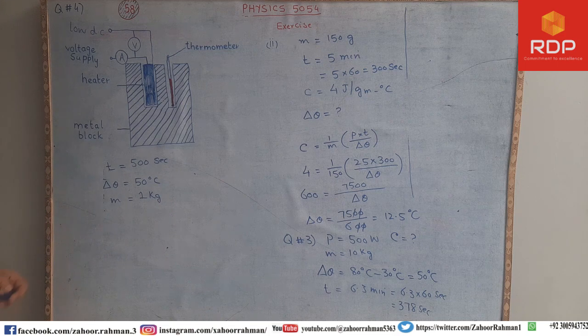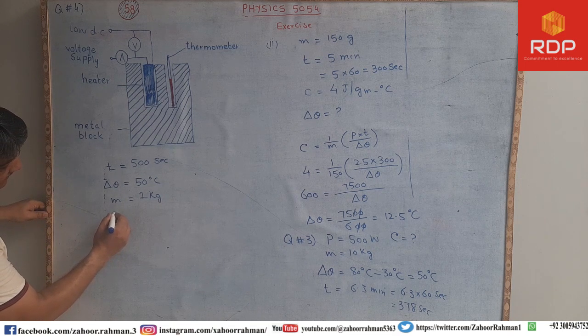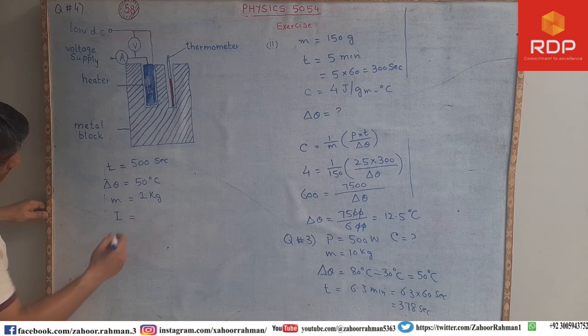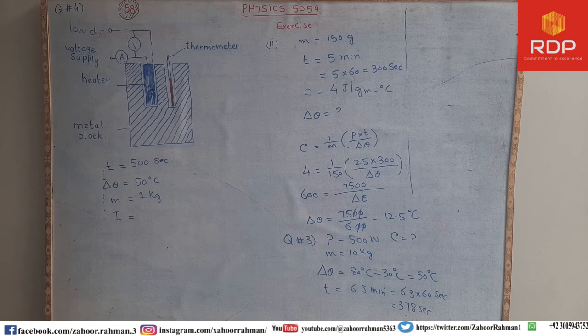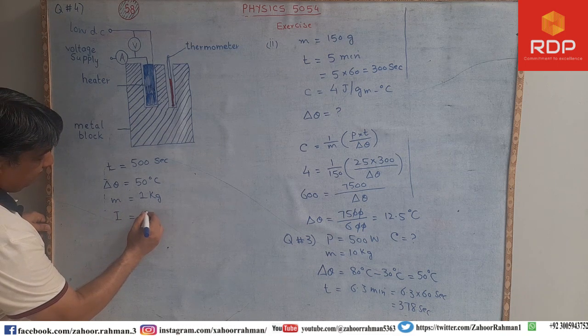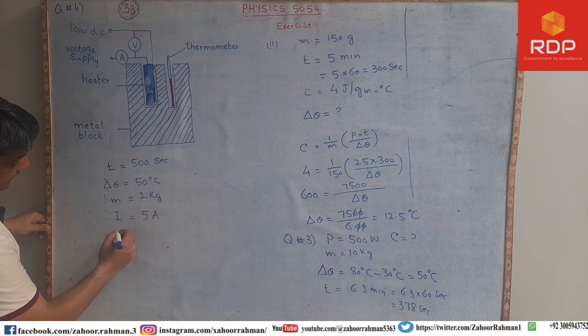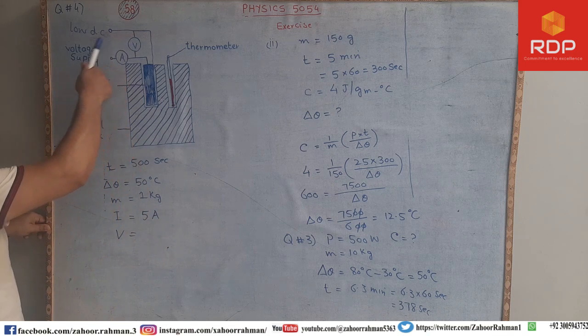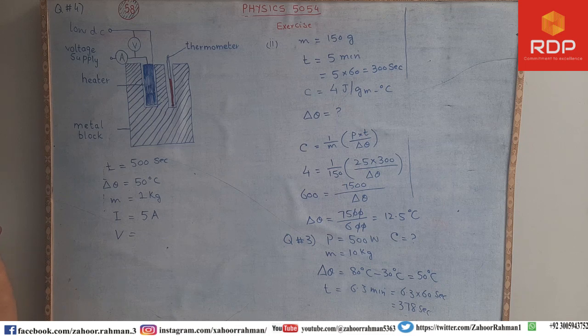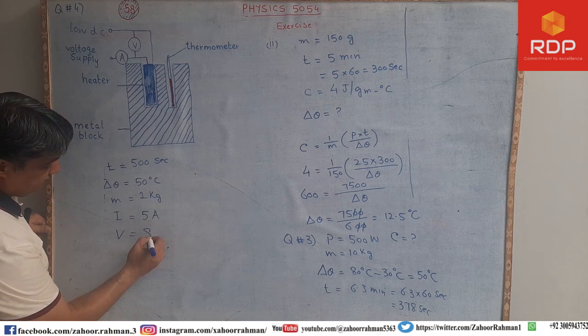And an ammeter reading. So I will write the current. Ammeter is a device for measurement of the current. There is another device which is called galvanometer. Galvanometer is used for detection of the current, but ammeter is used to measure the current, and it is given as 5 ampere, and voltage is given as 8 volt.